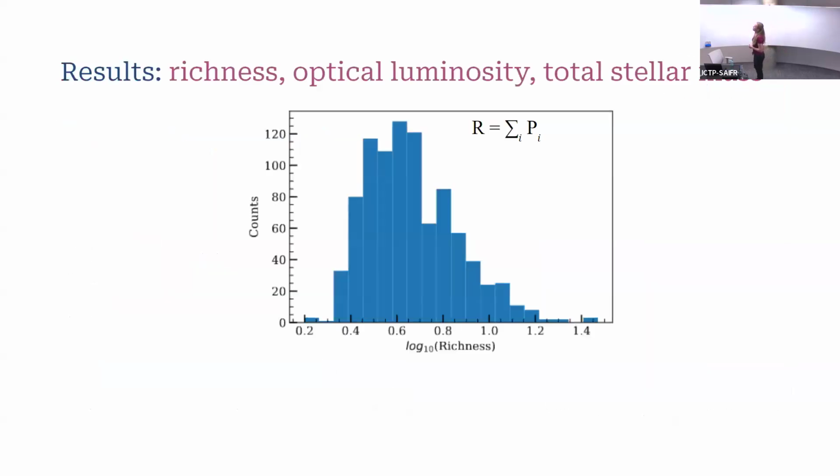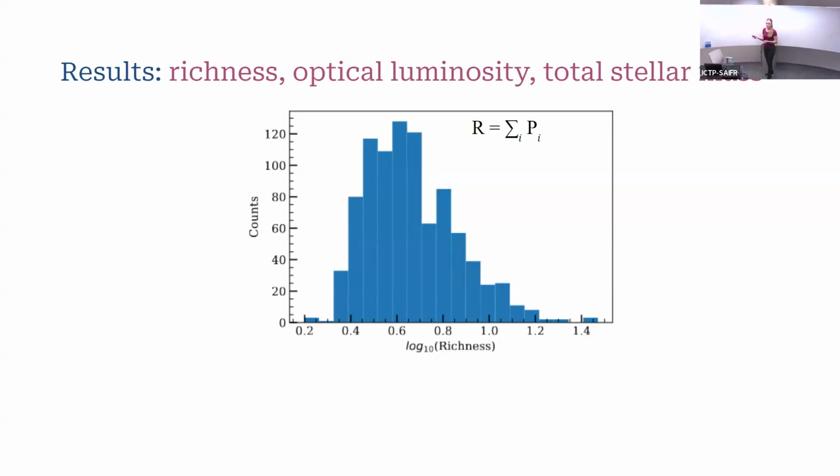And we calculate the richness inside the characteristic radius for these small clusters, which is the sum of the galaxies' membership probability. If it's a mock, so if it's a member, it's 1. If it's not, it's 0. So it's just this sum.